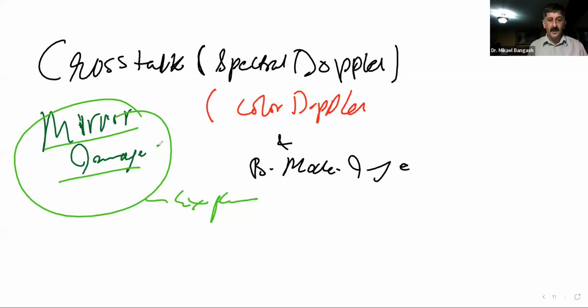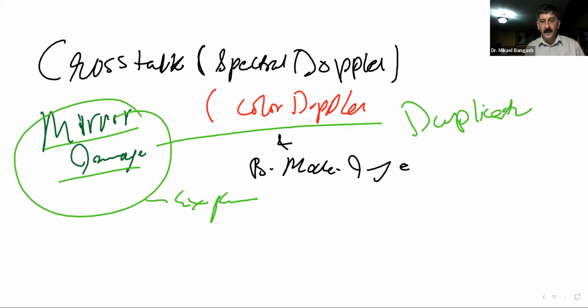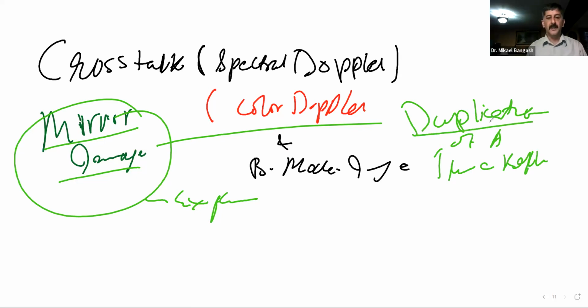Okay, so this mirror imaging artifact is going to be one of those artifacts where we have duplication of a true reflection. Our true structure is going to be duplicated. That is what we call mirror imaging in a regular B-mode image.